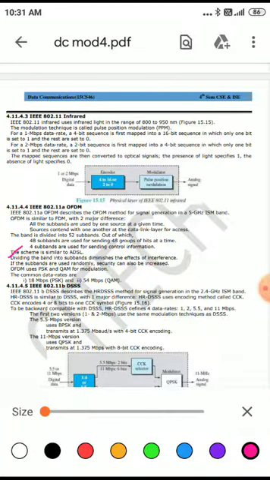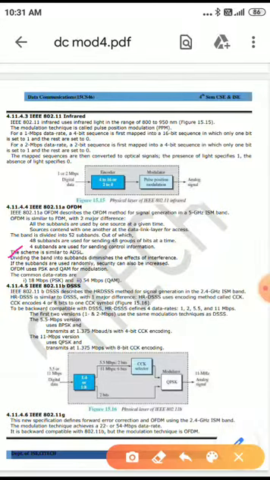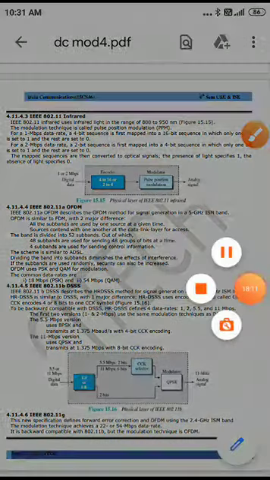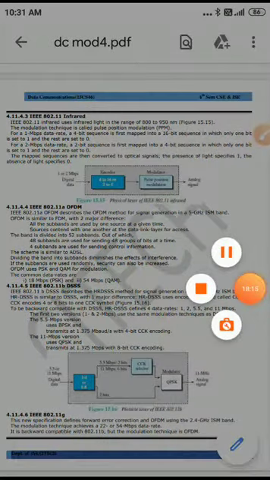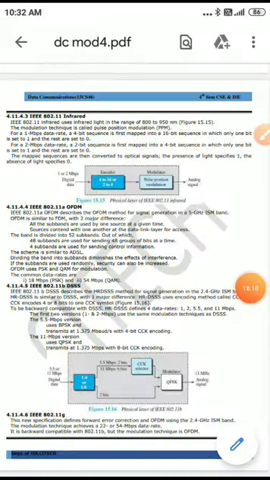Okay, next, the scheme is similar to ADSL. What is meant by ADSL? ADSL means asymmetric digital subscriber line.